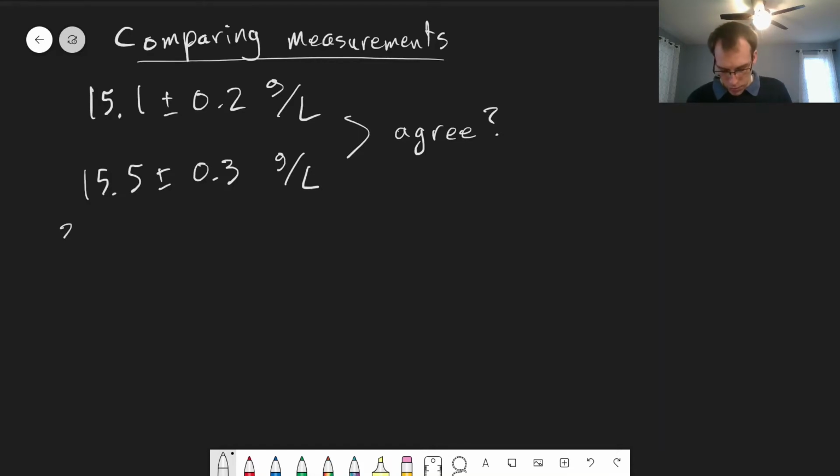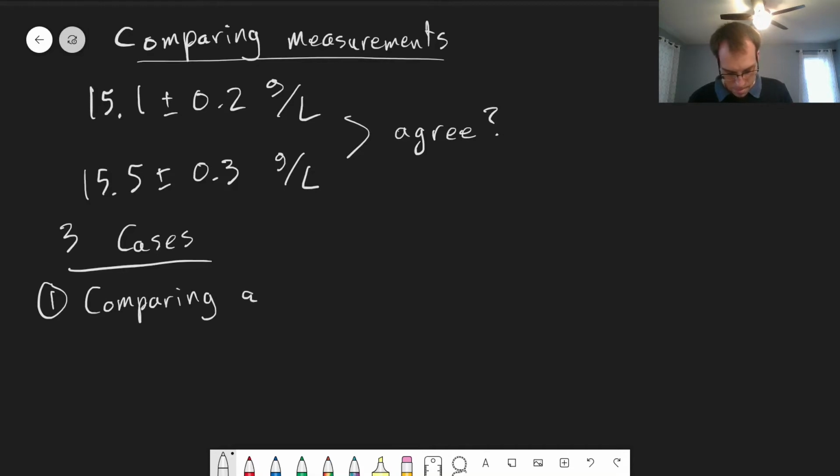Now we'll look at three specific types of comparisons, three cases that are mentioned in your book. And one of these cases has two different cases underneath it, of course, to make things more complicated. The first case will be comparing a measurement to a known value. And this is the simplest one.